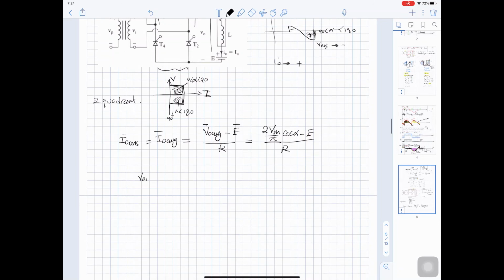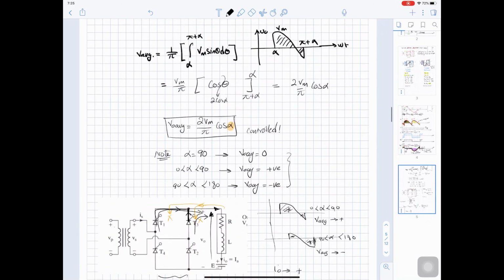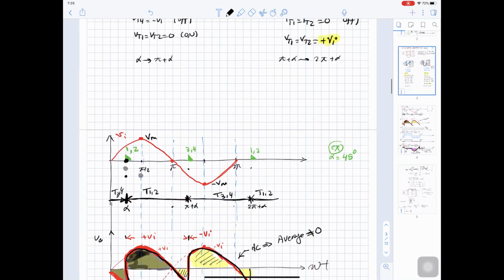To get V out RMS, it's V max over root 2, because it's the full wave. It is the full sine wave, so its RMS is the same as the RMS of the sine wave. So these are the equations we need for the full bridge.